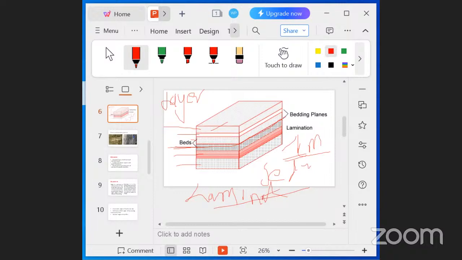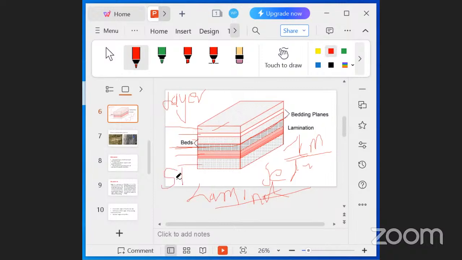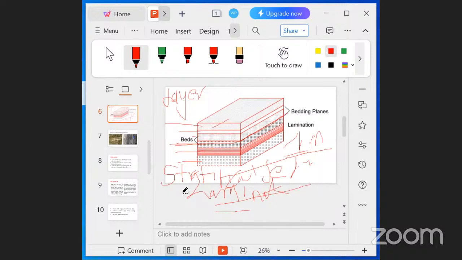The process of deposition of sediments in a layer by layer fashion is known as stratification. This is lamination and this is stratification. Lamination means a layer of less than 1 centimeter thickness.